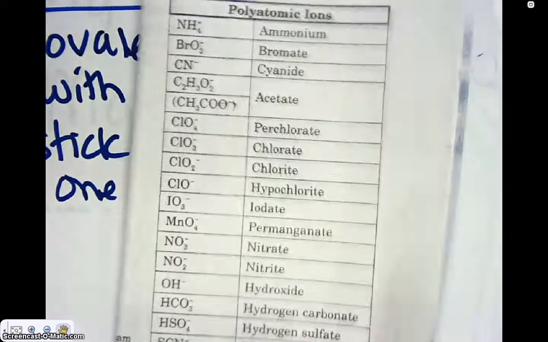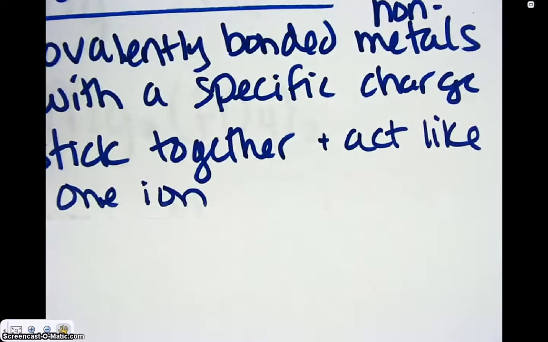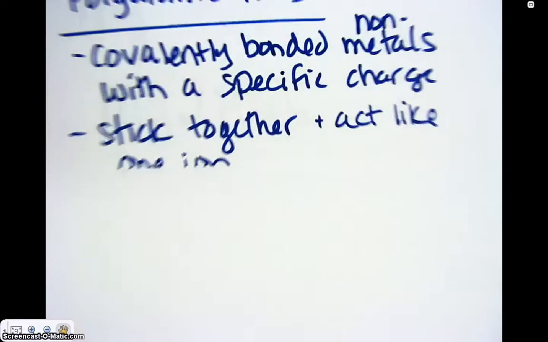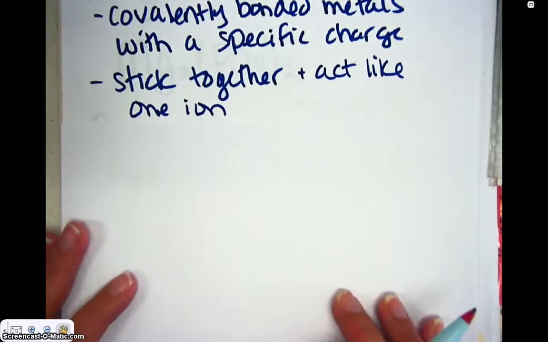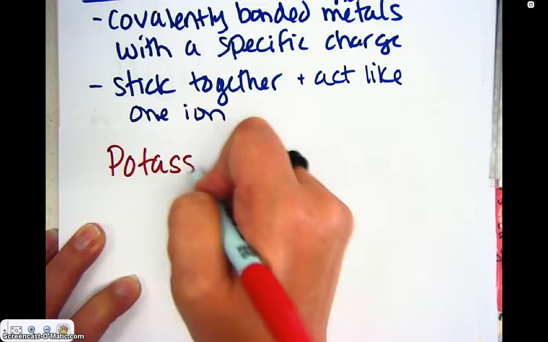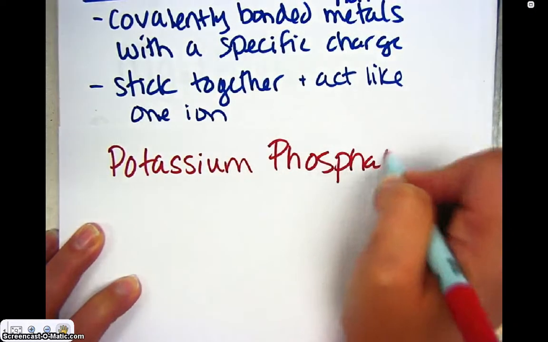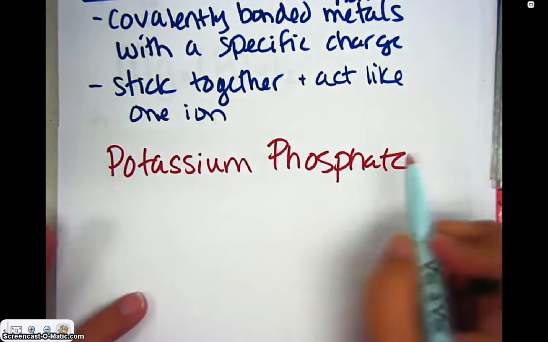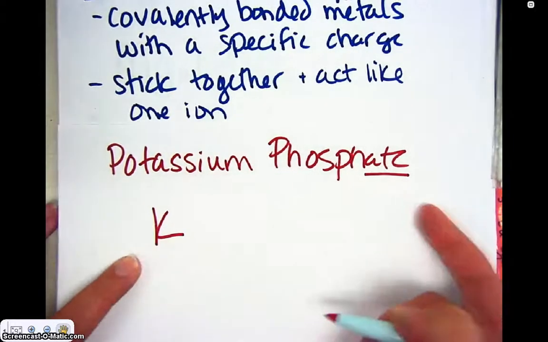Let's go ahead and practice writing some basic formulas. Let me zoom out here. If I wanted to write the formula for potassium phosphate, just by the name and seeing this -ate ending, I should know that it is going to be potassium with a polyatomic.